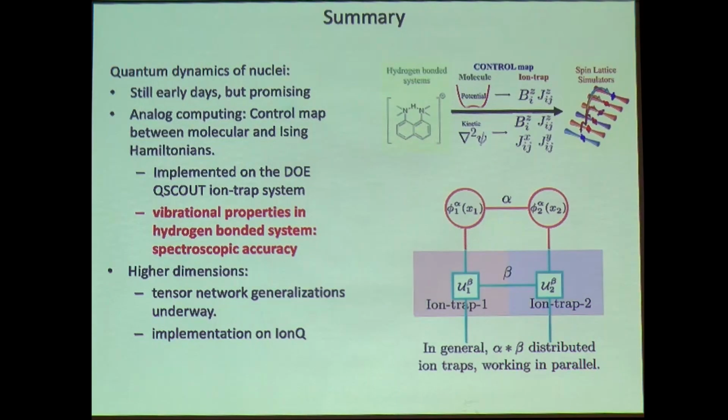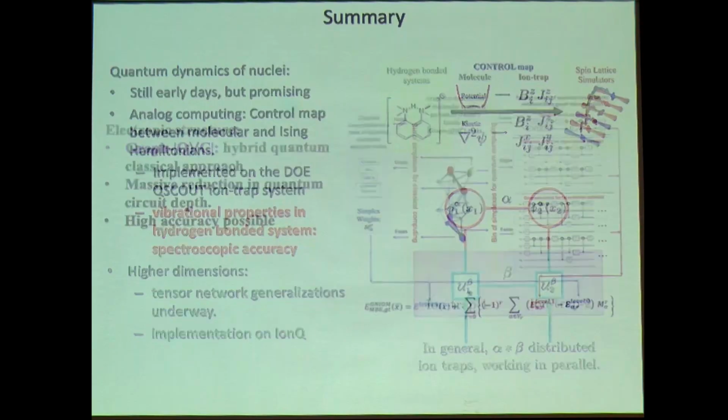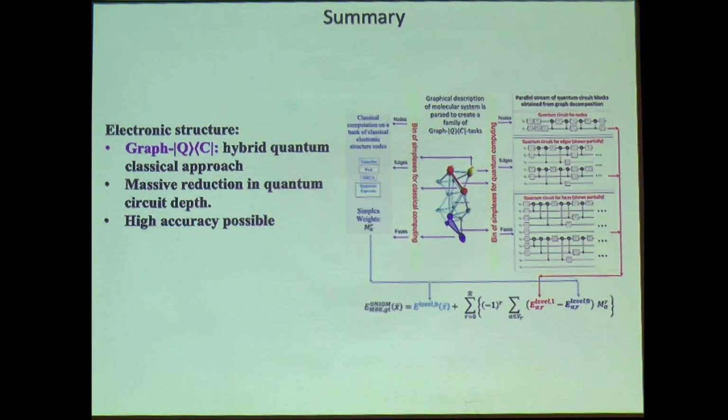So, with that, I'll conclude my talk. The summary is that we are developing these quantum algorithms for electronic structure as well as quantum dynamics. The basic idea is that we wish to bring down the algorithmic complexity of these quantum systems by several orders of magnitude, and this we do by reducing the quantum circuit depth, both for quantum dynamics as well as for electronic structure, and also use similar methods for machine learning.